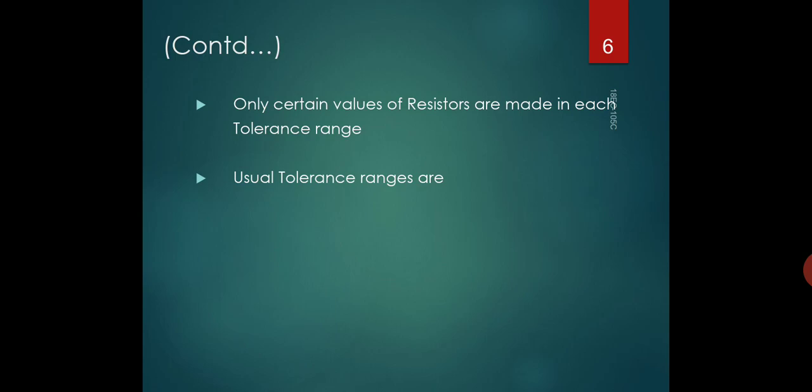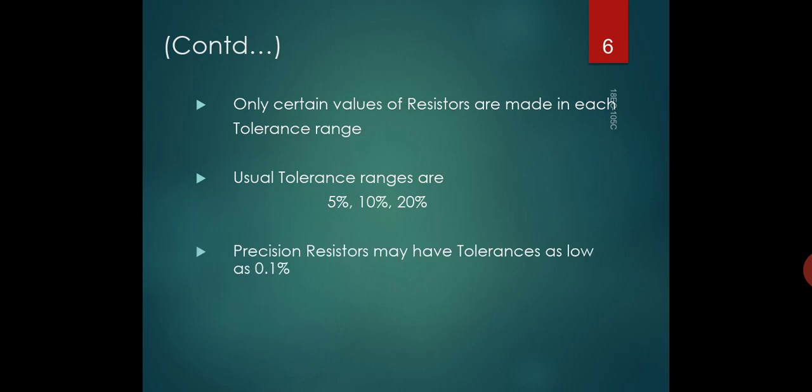Usually the tolerance ranges are 5%, 10% and 20%. The precision resistors may have tolerances as low as 0.1%. Generally the precision resistors are wire wound.